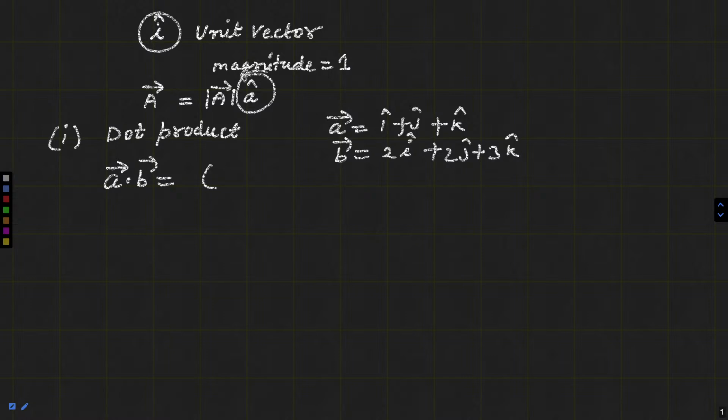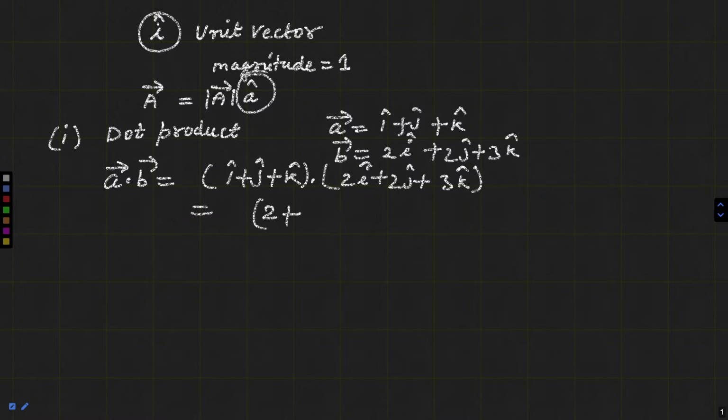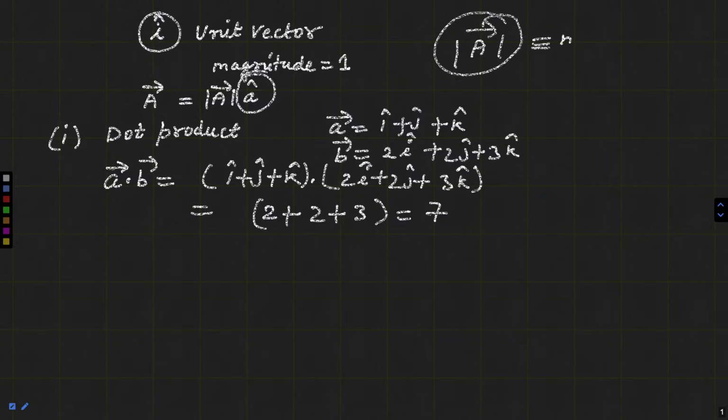Just substitute the values. Then 1 into 2 is 2, plus 1 into 2 is 2, plus 1 into 3 is 3. So it will be 7. So this is the dot product. Mod represents magnitude.